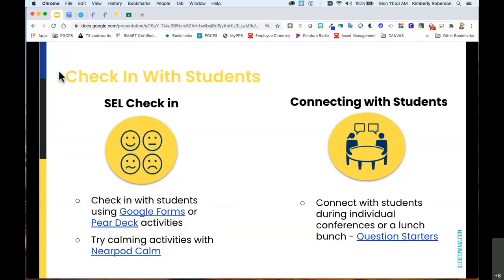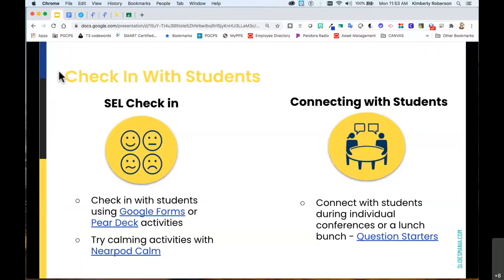Checking in with students is going to be very important as we're moving forward. Consider starting the day with a check-in for both the in-person and virtual students to see how they're feeling. There are various ways to check in or connect with students. SEL checks can be done using a Google form, a Jamboard, or a Pear Deck template.